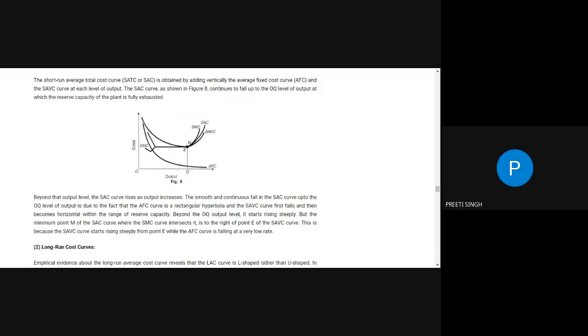Poonam, present, ma'am. Ronak Majhi, Ravi, Riyant, Riya, Rohan, Ronak Agarwal, Sahil, Shama, present, ma'am.